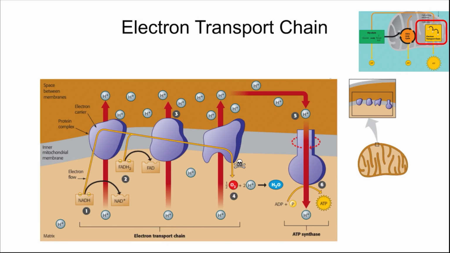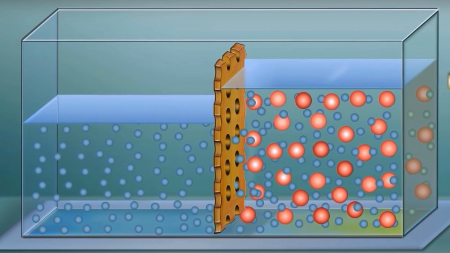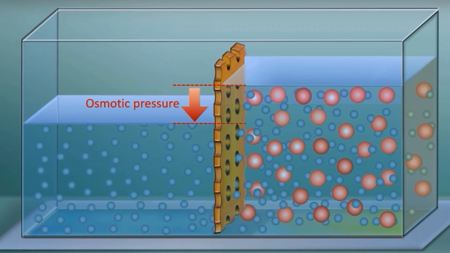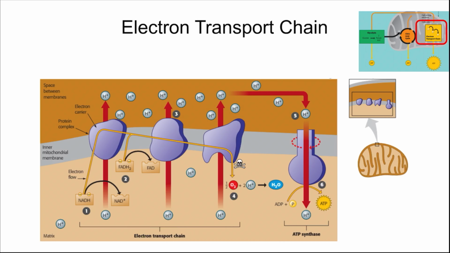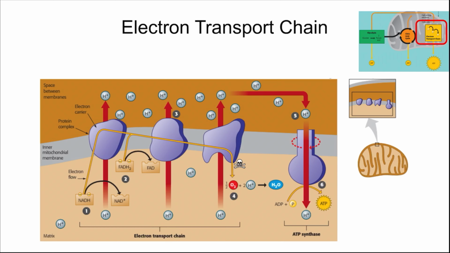Remember that when we had a difference of concentration of molecules, chemical energy always wanted to balance that concentration. Well, since there's a higher concentration of hydrogen ions in the intermembrane space, chemical energy wants to put those ions inside the matrix. The mitochondria uses this chemical energy to power an enzyme called ATP synthase. Let's start on the far left of this diagram.